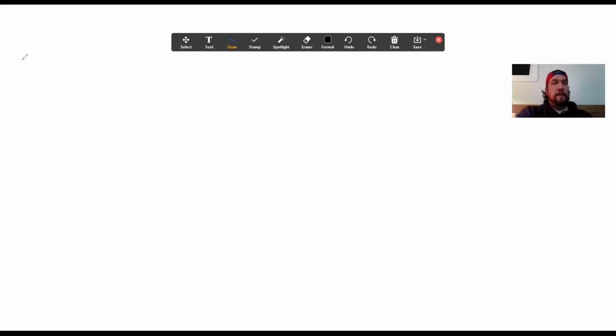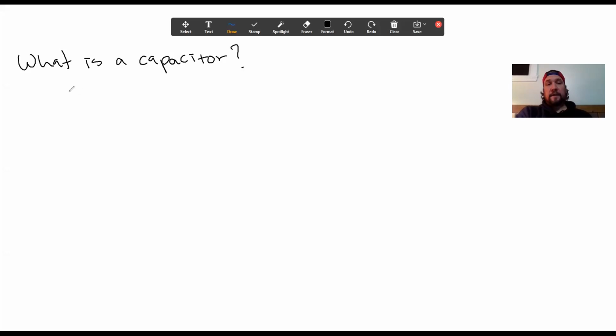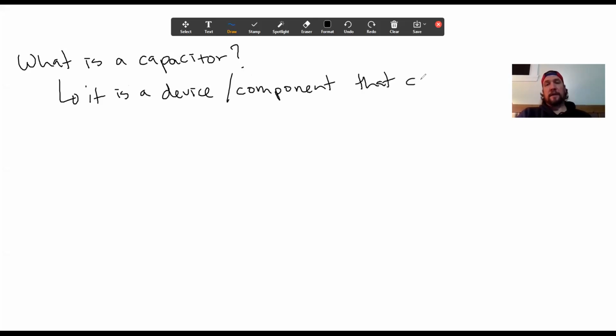So, first of all, what is a capacitor? In essence, the first thing about it is a device, a component, that can store energy.